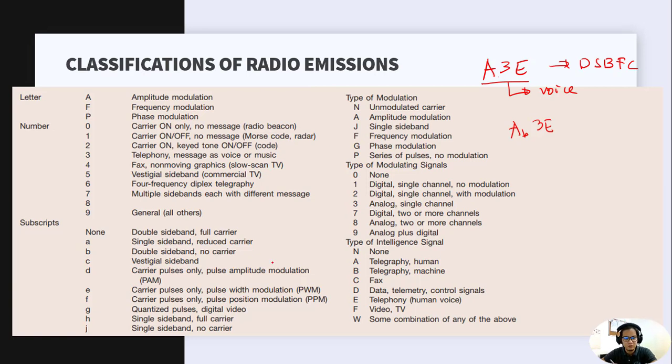I just showed you that there is a code for these radio emissions. So, meron din yan, F3E. Meron yan yung J3E. Ayan. Single sideband analog voice. Okay, so may mga ganun po.